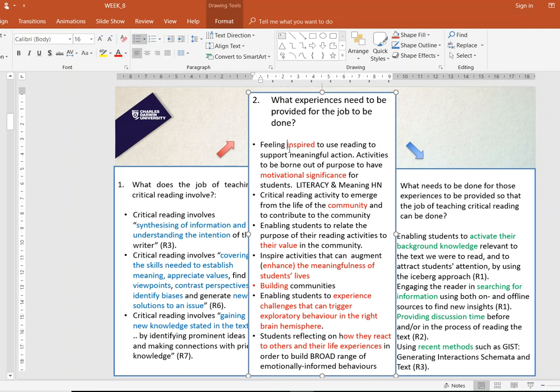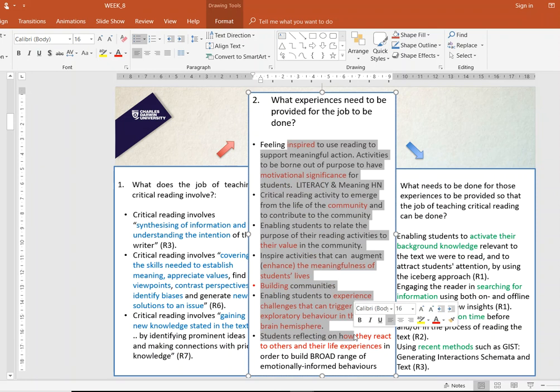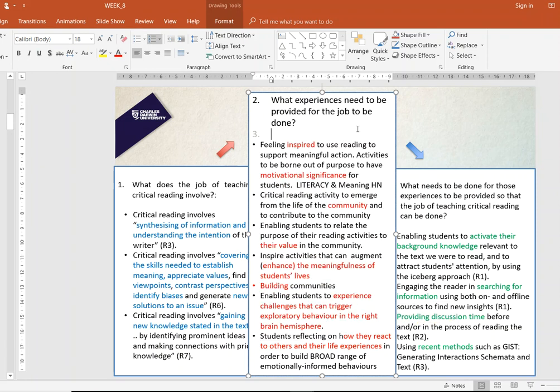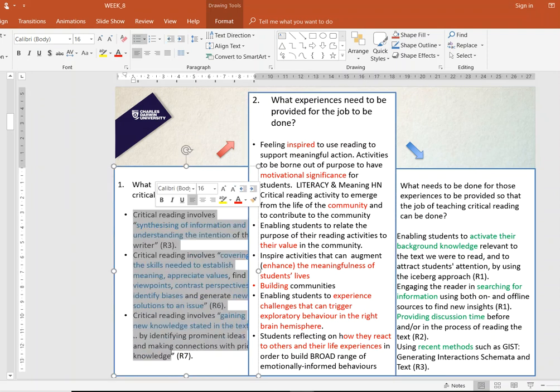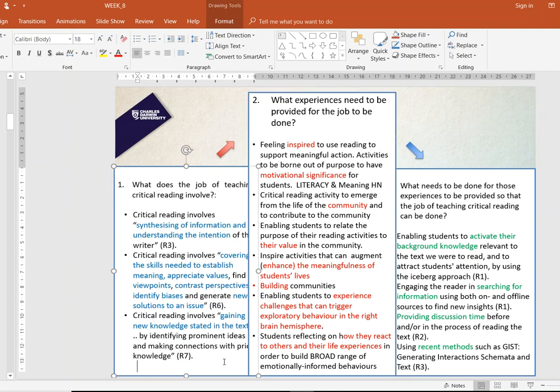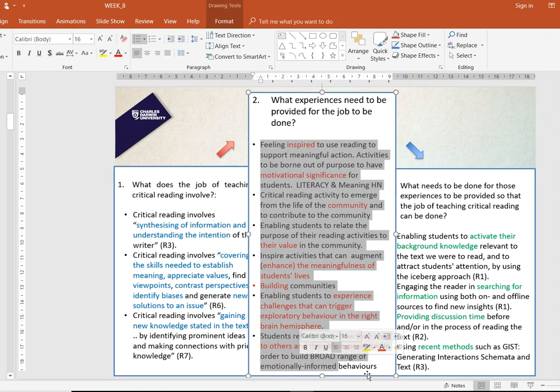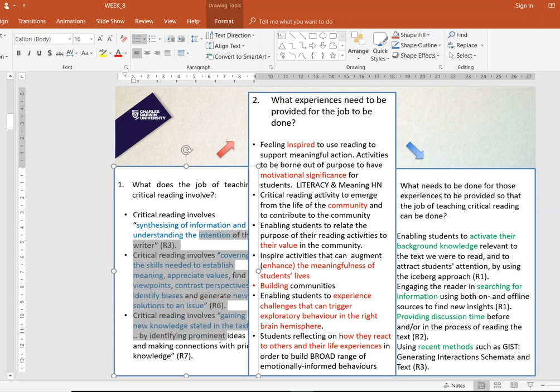So these experiences allow us to think of the kinds of activities that need to be put in place in order to make all these meaningful, relevant, and therefore enabling students to connect with, right? So this is a higher level of thinking of the content.